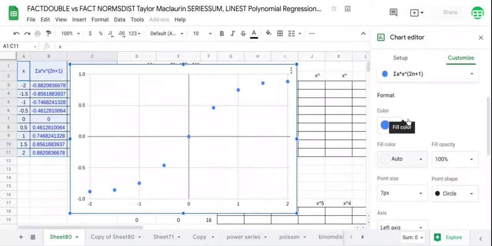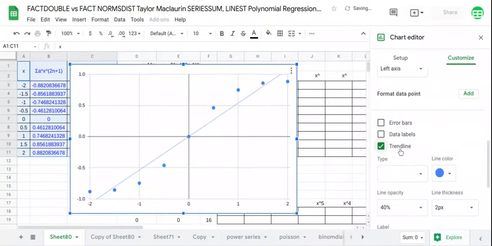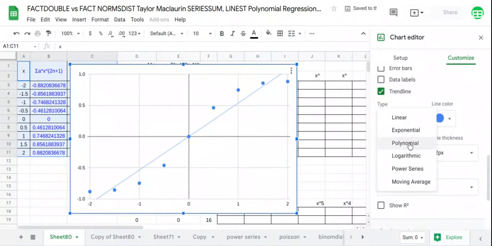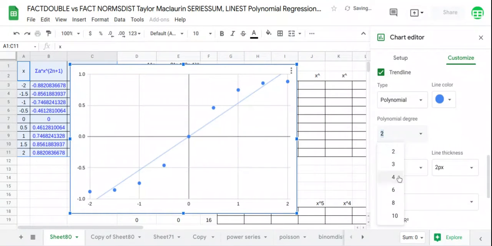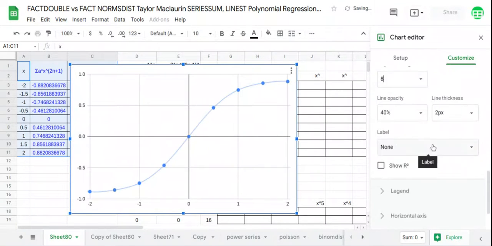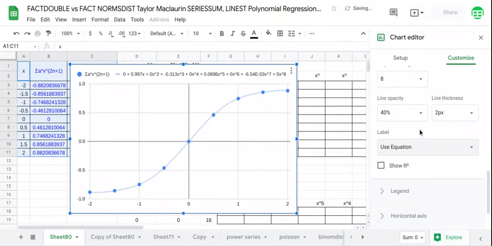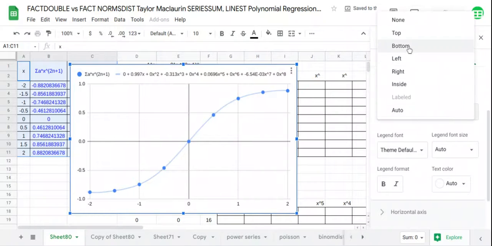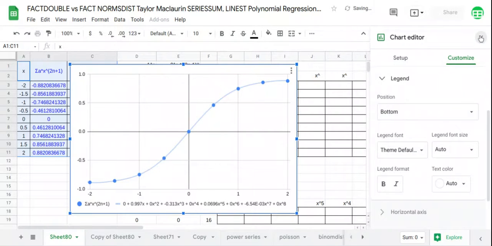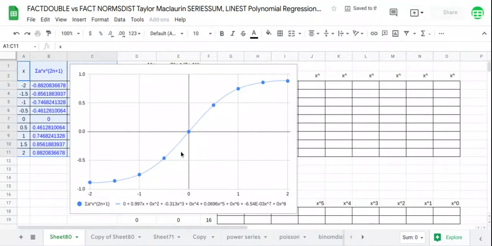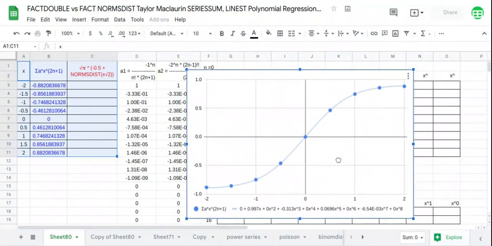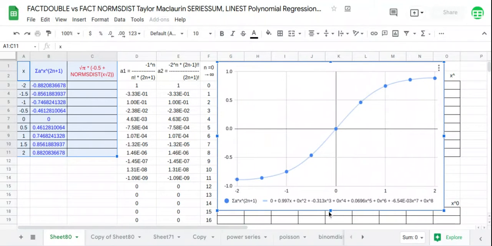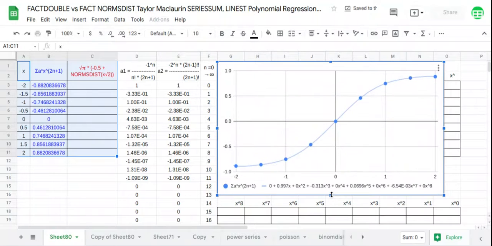Series, trend line, polynomial to the 8th degree. For the label, use the equation. For the legend, position at the bottom. So here's the trend line and the polynomial of the expansion, which is also known as the Gaussian integral.